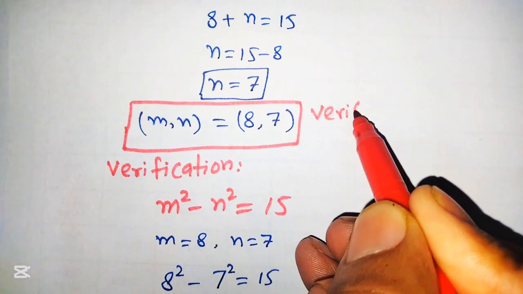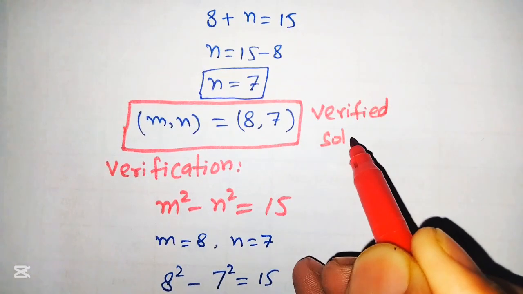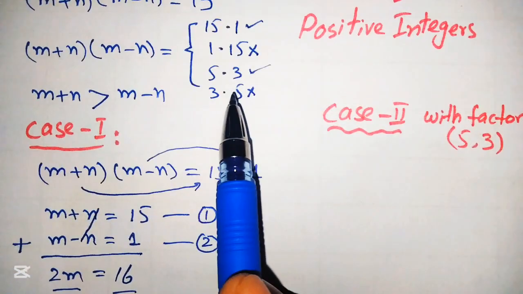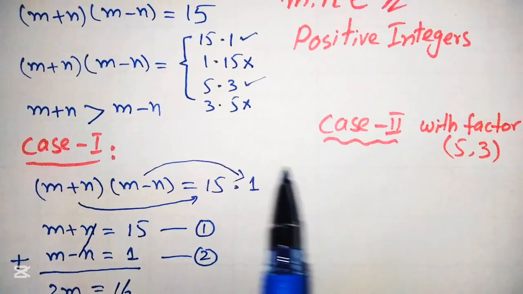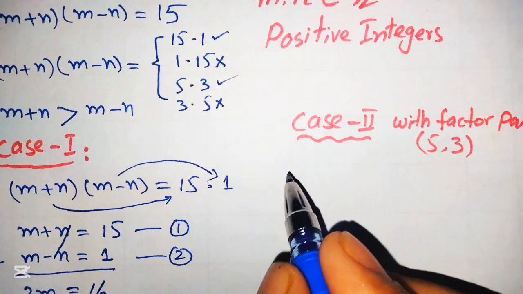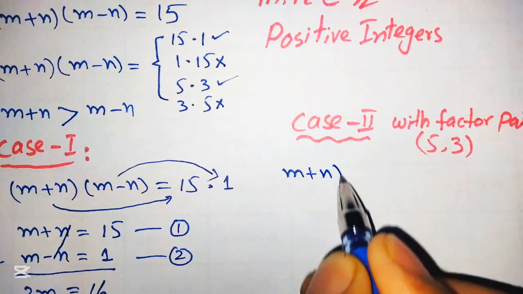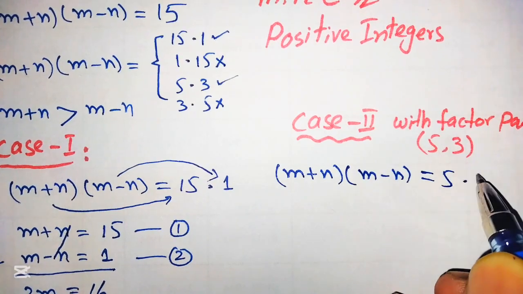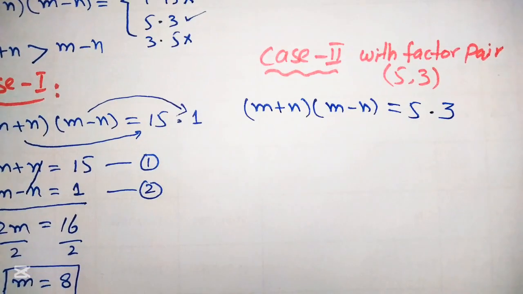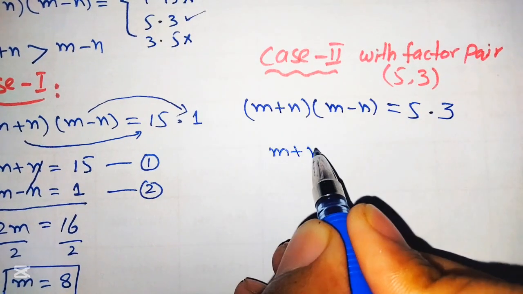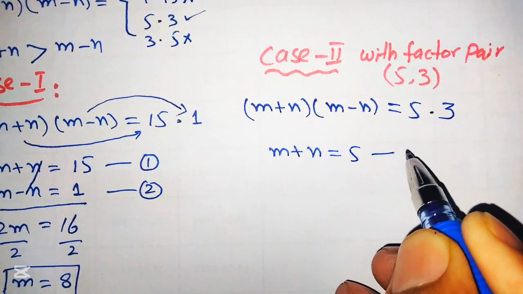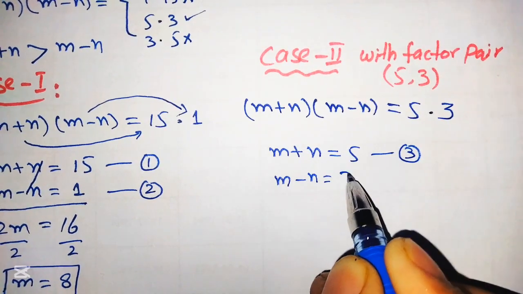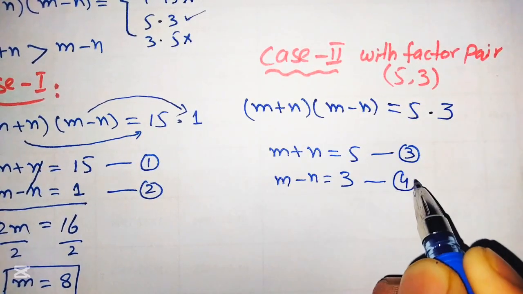Now we will use case 2, where we will use the factor pair 5 times 3. So for case 2 the given equation will become m plus n times m minus n is equal to 5 times 3, and from this we conclude that m plus n is equal to 5, and we call this equation number 3, and m minus n is equal to 3, and we call this equation number 4.